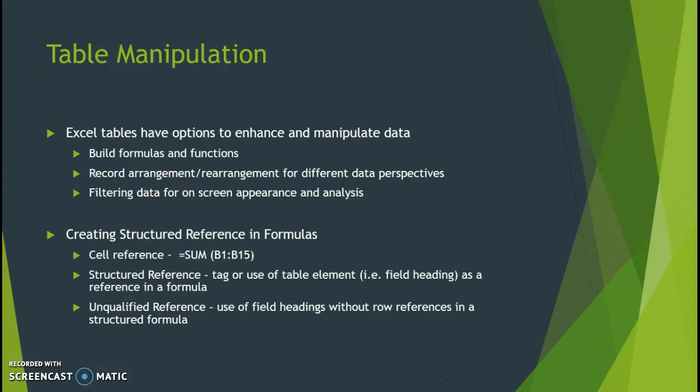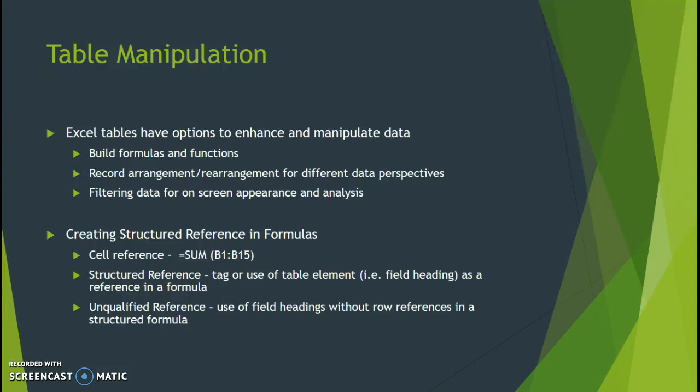So very similar to working with Excel in worksheets, data tables within Excel have some of the same functionality. So we're familiar with the cell reference, and I have here on the screen a cell reference with regard to a formula. In this particular formula here, we're aggregating or summing the range B1 to B15. Very similar to that in dealing with Excel tables, you can use table references.